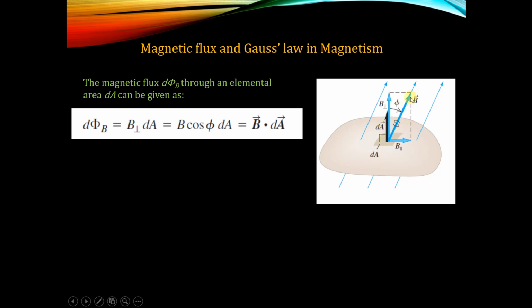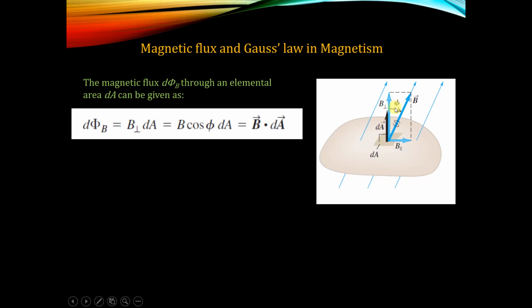These are the magnetic field lines passing through, capital B. If I resolve this vector B, I will get the perpendicular component and the parallel component. The angle between the magnetic field vector B and the area vector dA is given as phi.